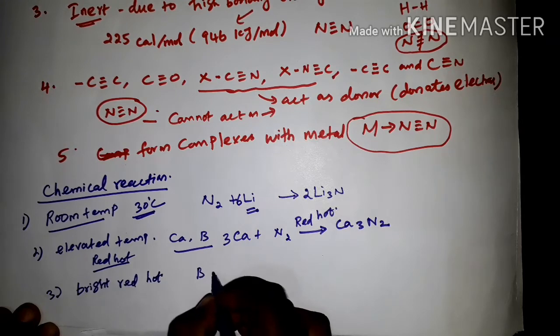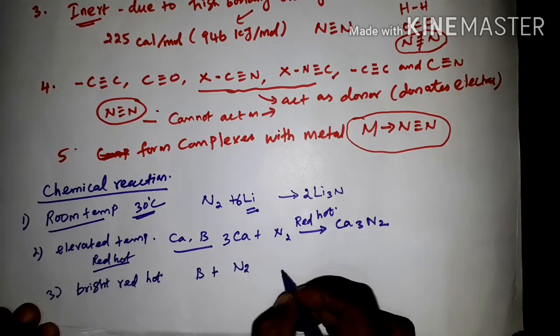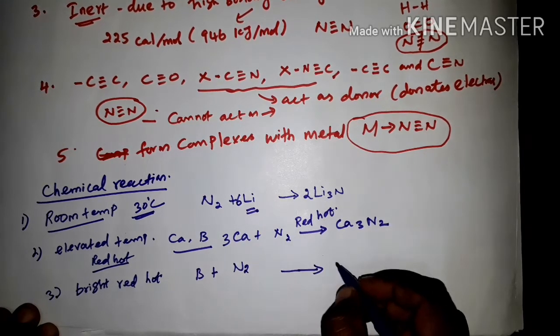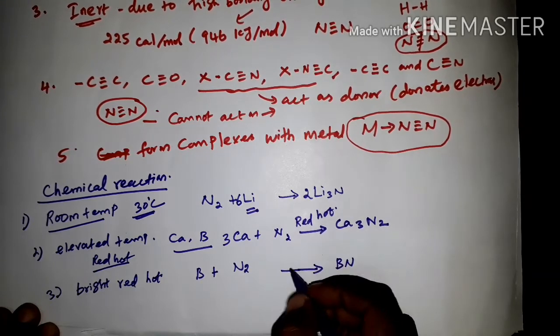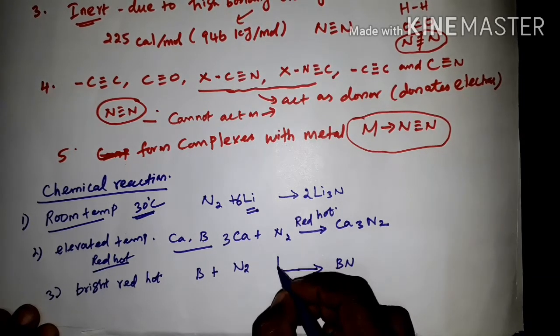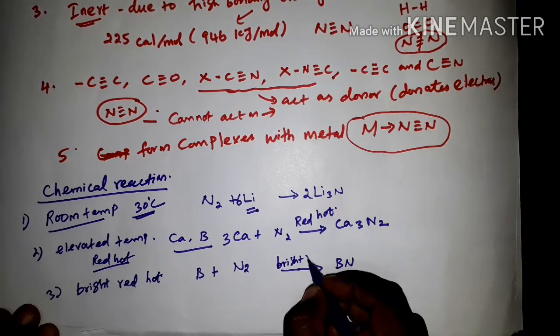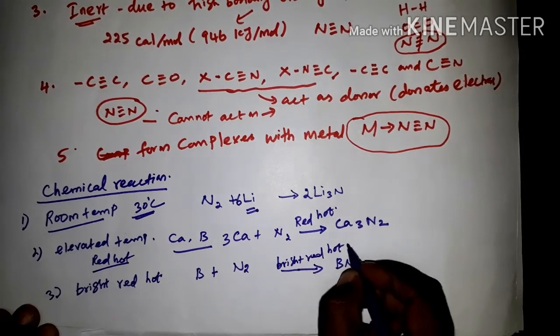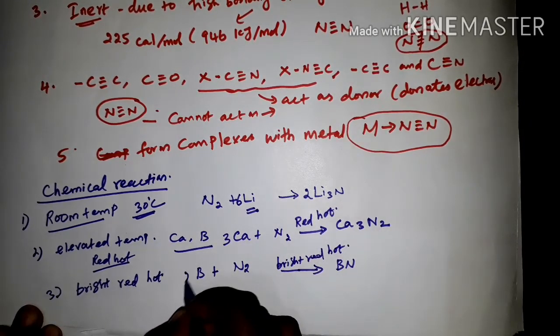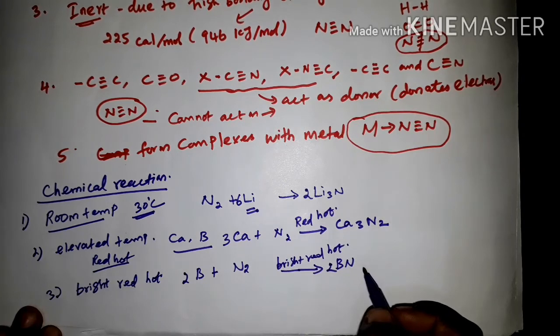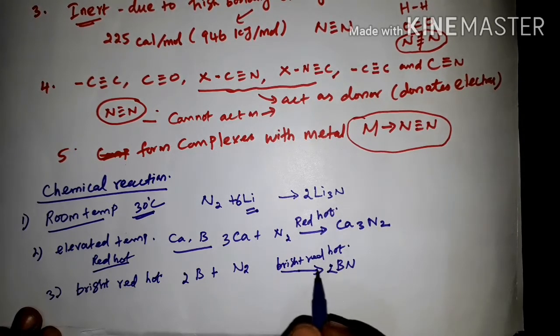Boron will react with nitrogen, and we are getting boron nitride. Now balance the equation: here put 2, here put 2. So now the equation is balanced.